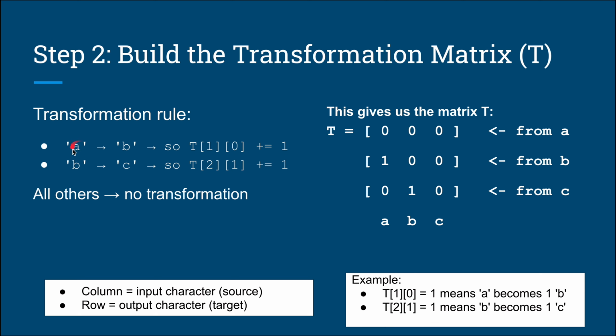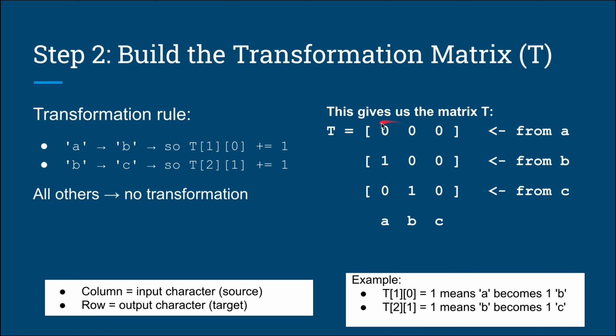So when we are transforming a into b, in the transformation matrix T[1][0] += 1, and T[2][1] += 1, right? And all other elements we will not do anything, no transformations.